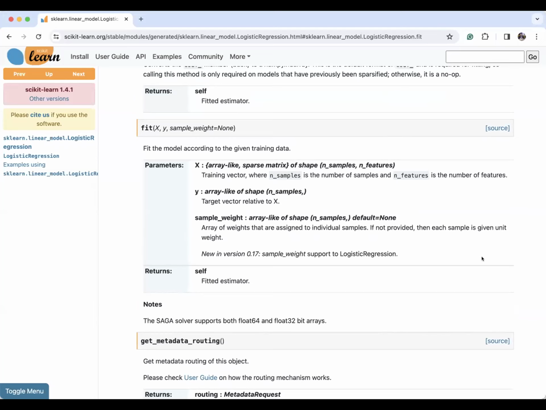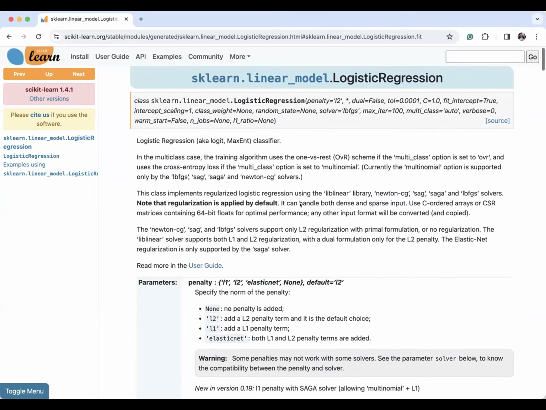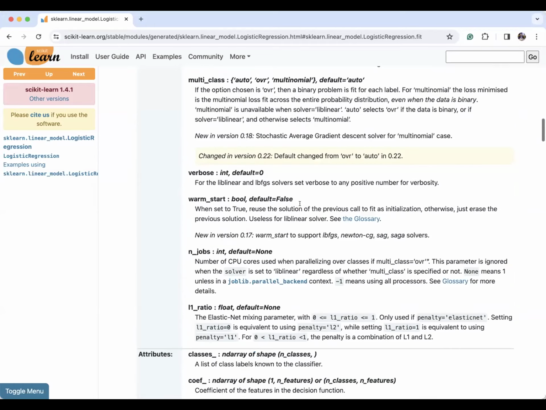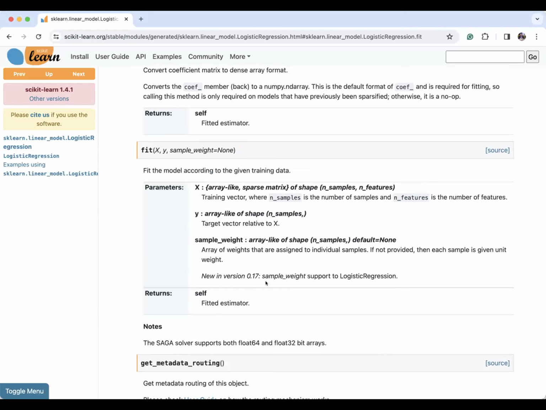For example, if you go to the documentation of logistic regression, you see all these parameters you can pass when you initialize the model, but you also have three parameters for fit. All of you have used X and y, your input data and the label vector, but you also have another parameter which is called sample_weight.